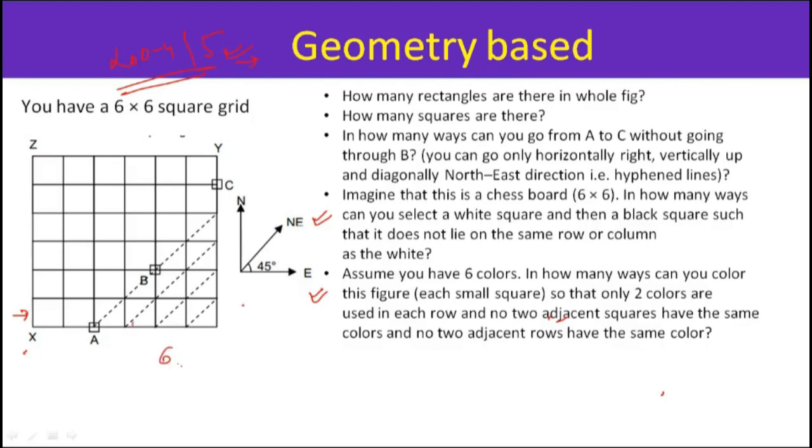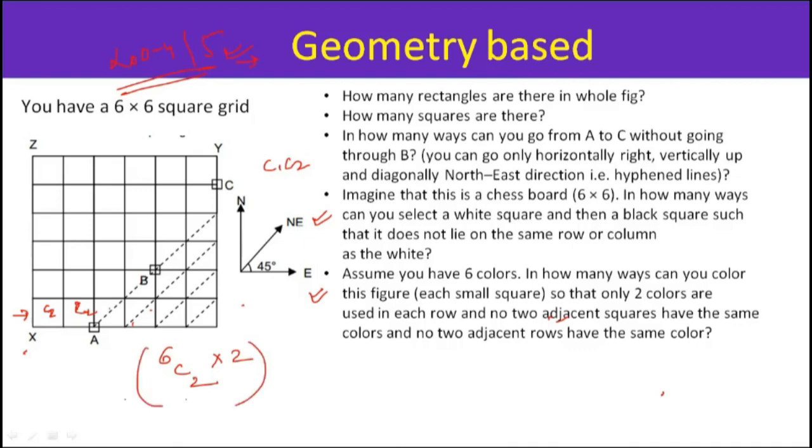In 6C2 number of ways. Say for example, you have already chosen 2 colors, C1 and C2. In how many ways can you paint this row? C1, C2, C1, C2, C1, C2, because C1, C1 can't be adjacent. Or you can say C2, C1, C2, C1, C2, C1, right? So it could be either of the 2 ways. So the first row can be colored in 2 number of ways.